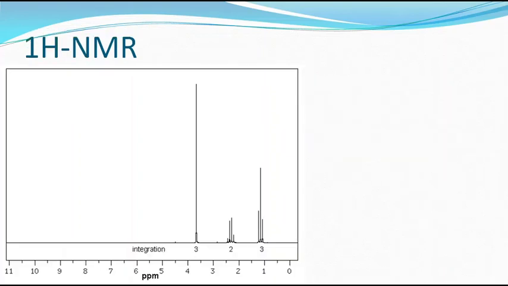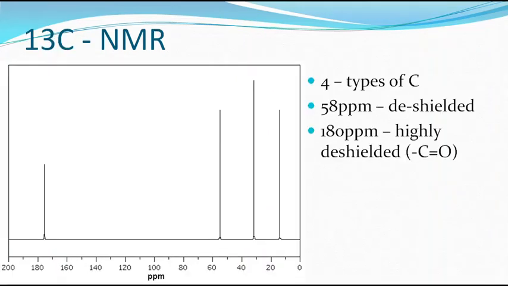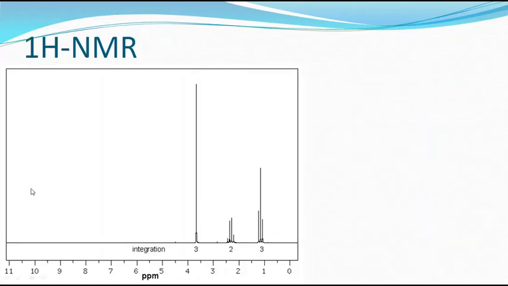in proton NMR, we have only 3 signals. In carbon 13 we have 4 because of the carbonyl carbon, which has no hydrogen, and therefore it will not be shown in proton NMR.